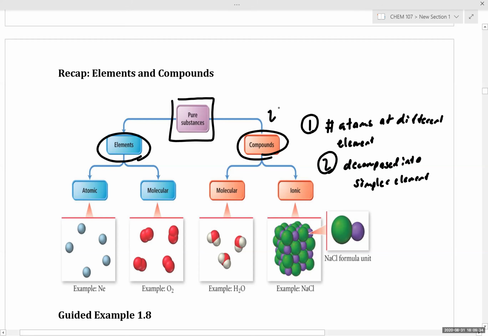Compounds contain two or more different elements, and compounds can be decomposed. Elements cannot.